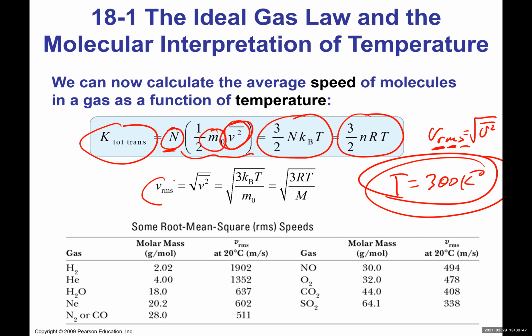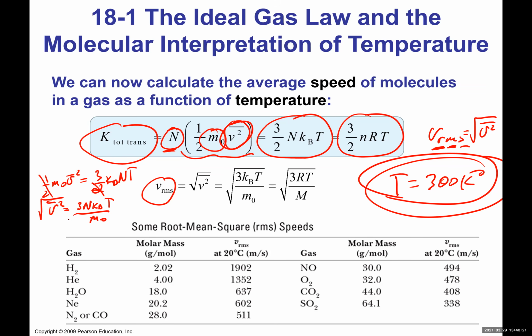So looking at the RMS values, we can rearrange this. Taking 1/2 m v average squared equals, for example, 3/2 n k_B T, the 1/2 cancels, and then v average squared equals 3 n k_B T over the mass.